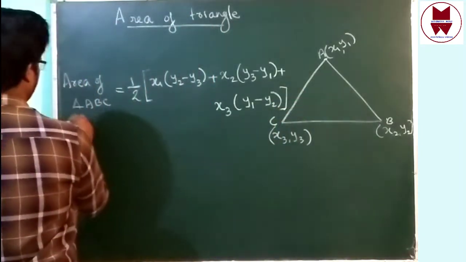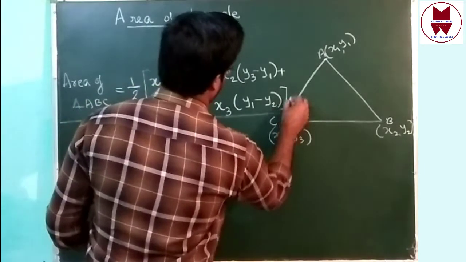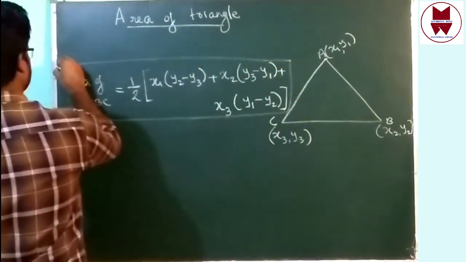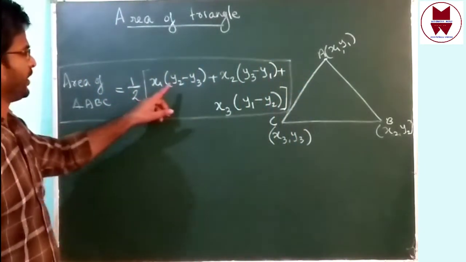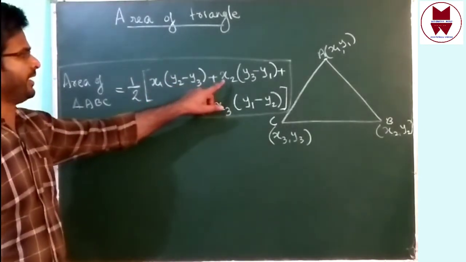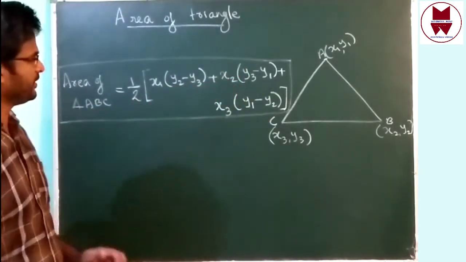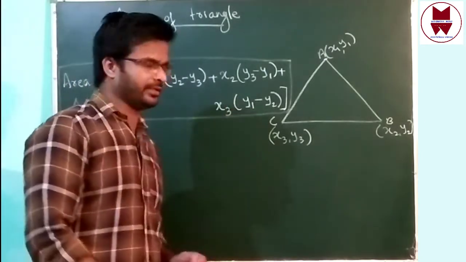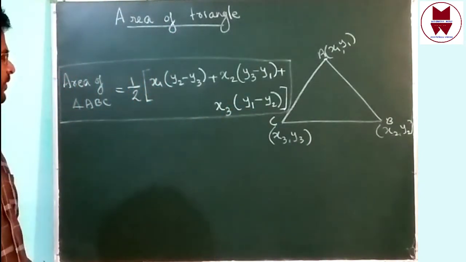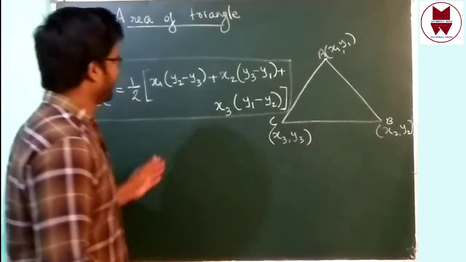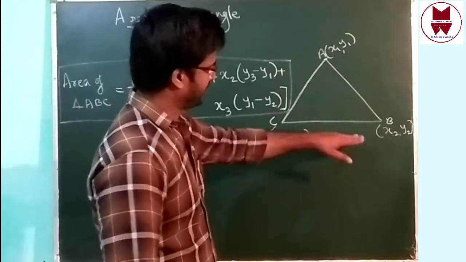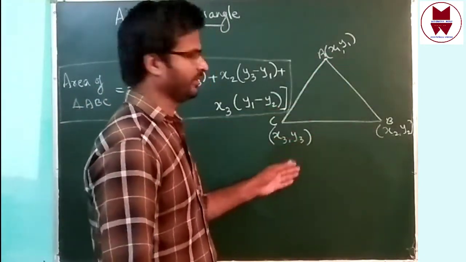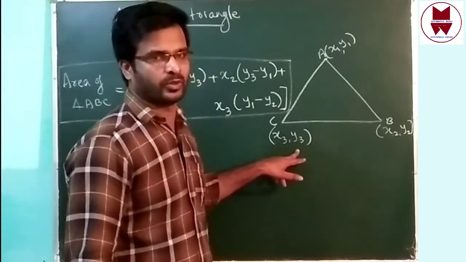This is the formula for the area of a triangle. Here x1, x2, x3 and y1, y2, y3 are all the coordinates.